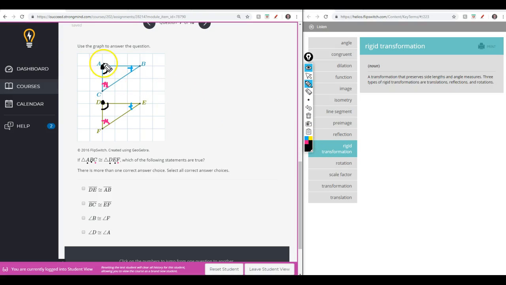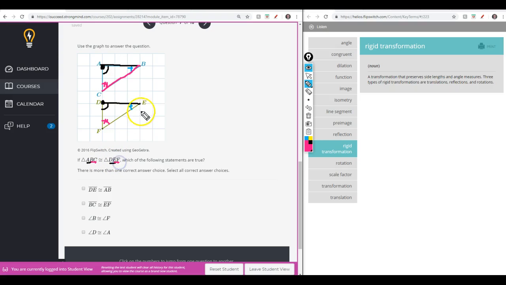So the side length between vertex A and vertex B, so side length AB, will match up. Since AB were listed first and second, it'll match up with DE, which is listed first and second, so that's a corresponding side. BC is second and third.